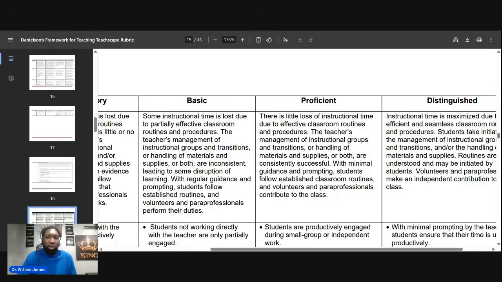The teacher's management of instructional groups and transitions or handling of materials and supplies or both are consistently successful with minimal guidance and prompting. So depending on the environment and the demographic where you're teaching, a teacher can easily be rated effective or highly effective, and it's really just based on the student body that they're teaching.